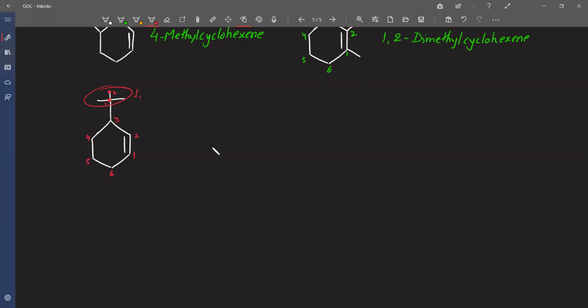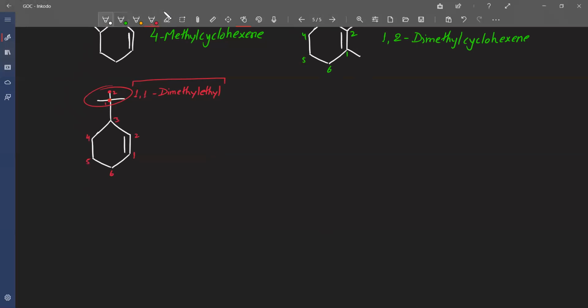So this will be what? 1,2 dimethyl ethyl, right? Yes. So now this complete group is at position 3. So now tell me what will be the name? Is it 1,1? It is 1, comma 1.